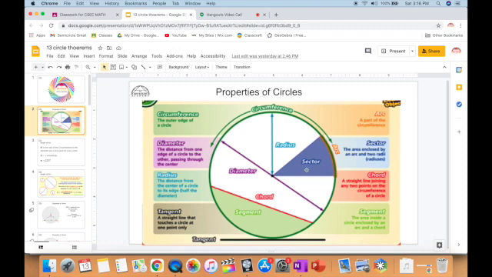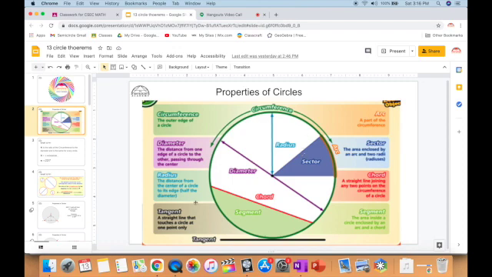Now please do not mix up sector with segment. A segment can be formed by any chord. You just cut a chord through, you have a small segment, a large segment, a minor and a major. A sector has to be formed by 2 radii, like a piece of pizza. So it has to come from the center of the pizza and go to the circumference. So 2 radii will give you a sector like a pizza.